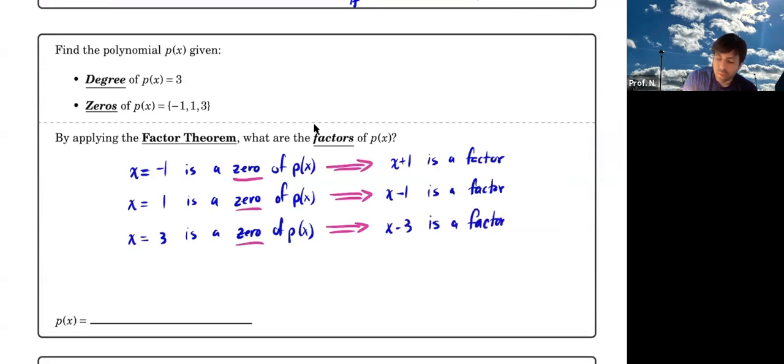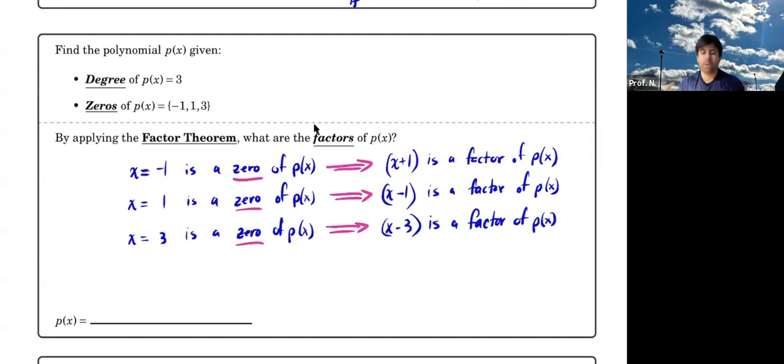A factor of what? Of p of x. Do you guys see that? So if x equals negative 1 is a 0, x plus 1 is a factor. If x equals 1 is a 0, then x minus 1 is a factor. If x equals 3 is a 0, then x minus 3 is a factor. It's equivalent to say these things.